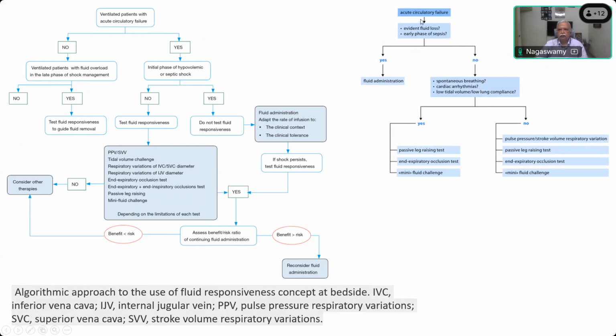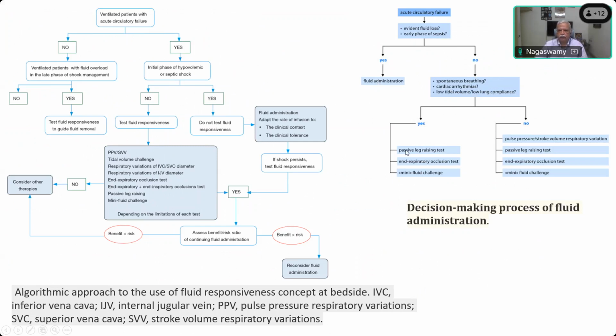And if the patient is in acute circulatory failure, this is a quick method of doing it. The decision making process for fluid administration: acute circulatory failure, evidence of fluid loss, or early phase of sepsis. The same thing as has been given here. If evidence is present, then first try fluid administration. If there is none, and the patient is breathing spontaneously, with no cardiac arrhythmias, low tidal volume or low lung compliance, then go to the next step.